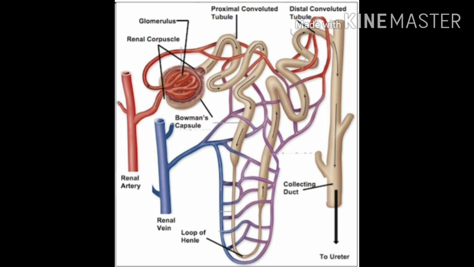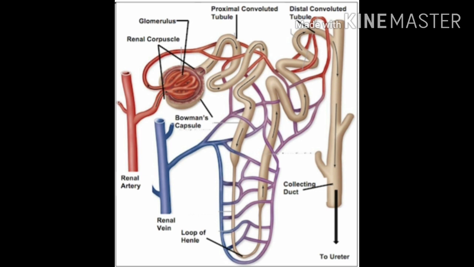Then one more important thing, observe here. You can observe two blood vessels. One is red, which is nothing but the renal artery. From the renal artery, one branch arises, which is arteriole. The arteriole which enters into glomerulus is known as afferent. It starts from A, afferent arteriole.